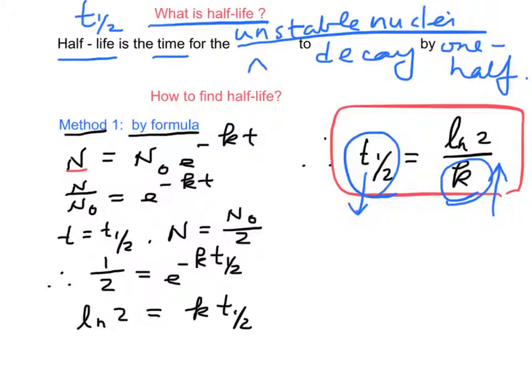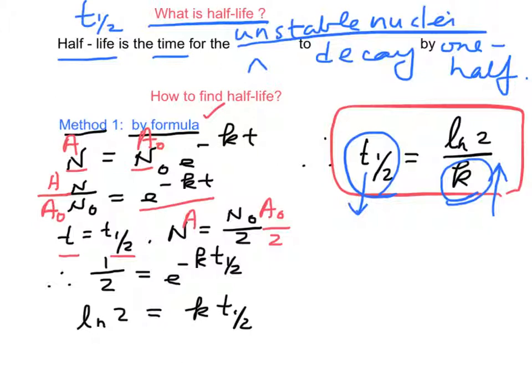If we use A equals A naught e to the power negative kt to find the half-life, then we have A over A naught equal to e to the power negative kt. At time equal to half-life, we have the activity equal to A naught over 2.